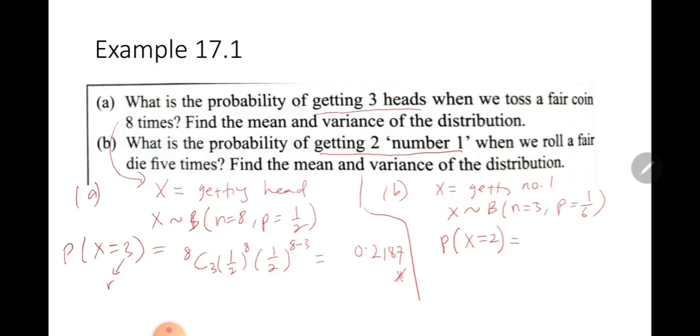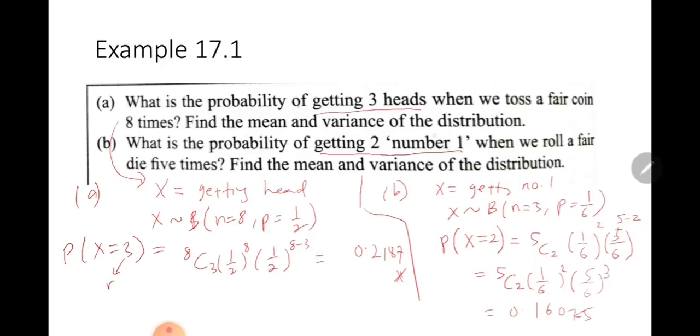You will get 5C2 (1/6)^2 (5/6)^3, because your q is actually 1 minus 1/6, and the power is 5 minus 2. So you will get 0.16075.